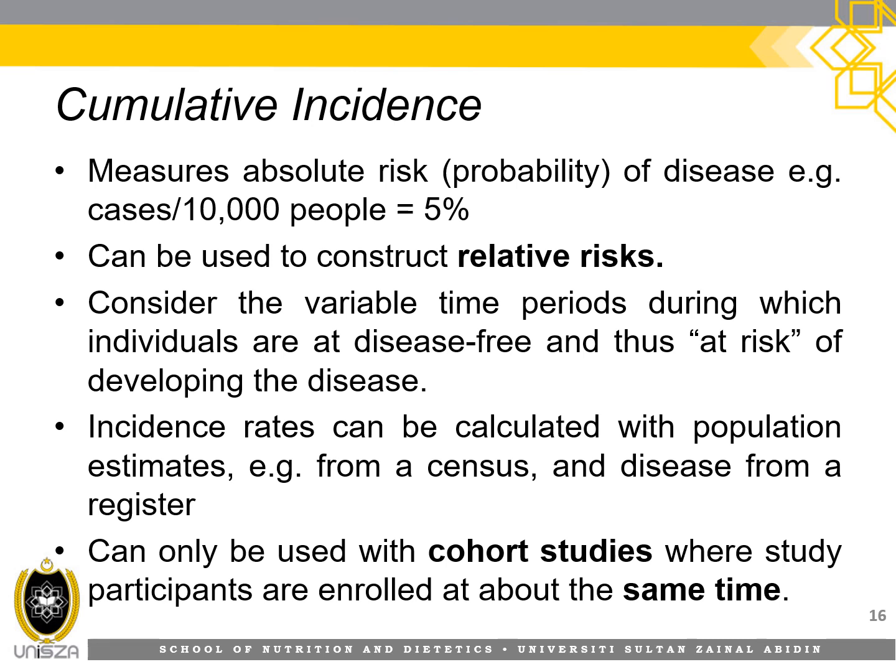Cumulative incidence can be used to construct relative risk, and it considers the variable time period during which individuals are disease-free and thus at risk of developing the disease. Incidence rate can be calculated with population estimates, for example from a census, and disease from a register. Cumulative incidence can only be used with cohort studies where study participants are enrolled at about the same time.